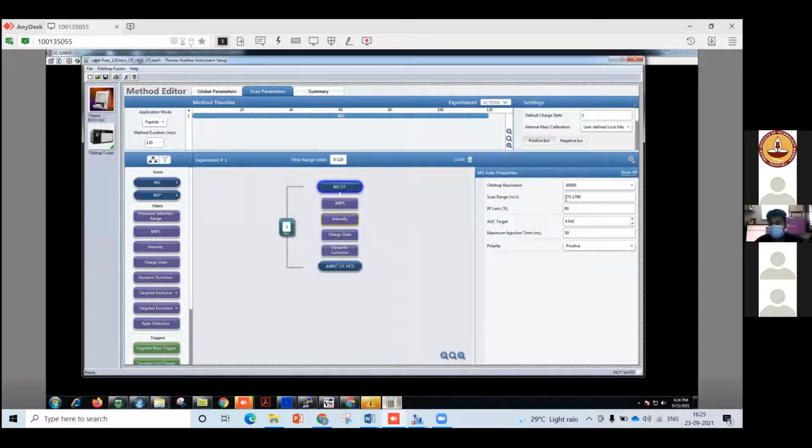The scan range means the minimum to maximum m/z that this particular mass spec will scan for. That means from 375 to 1700. Then the RF lens and AGC target are some of the specific parameters that help us to get the data. The resolution means that if there are two peaks, for example, how much separation will happen between the 2 peaks.